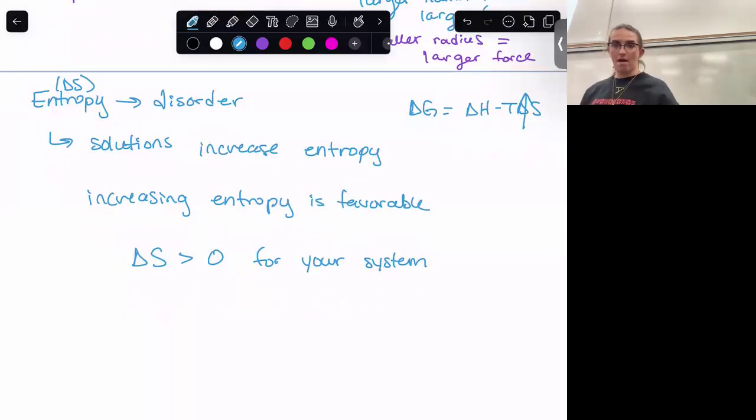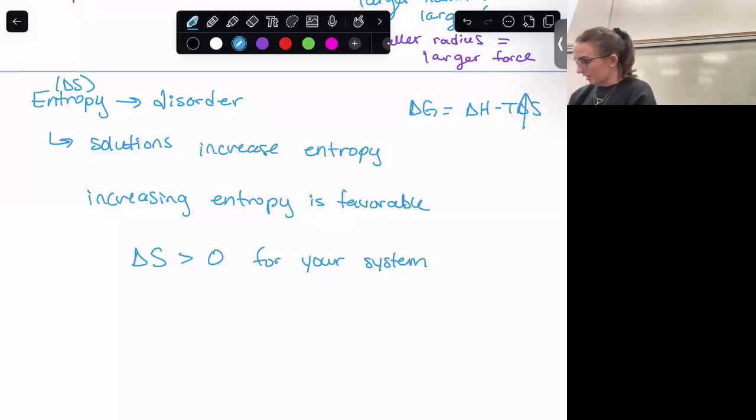So that's good there, I think. In a case where, going back to delta G, you can have times where your delta S doesn't increase enough, therefore making delta G positive.